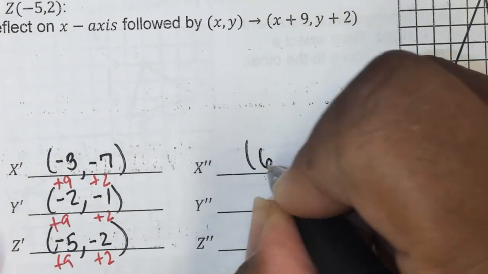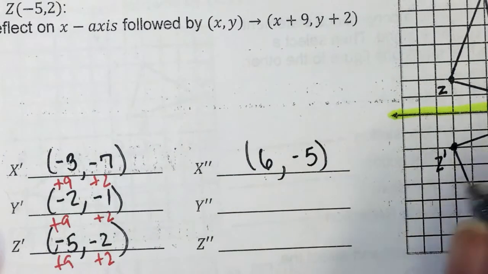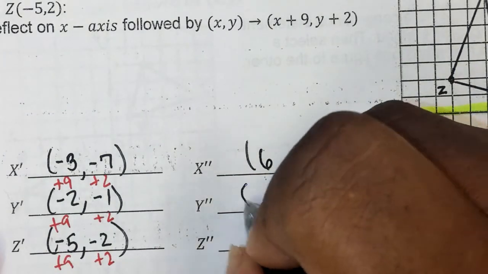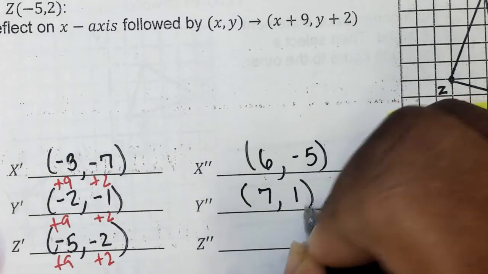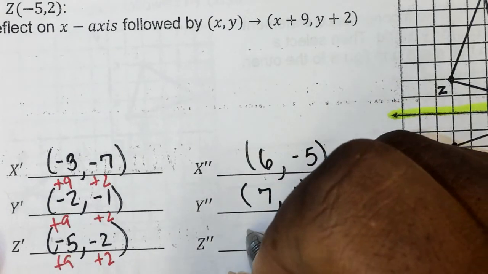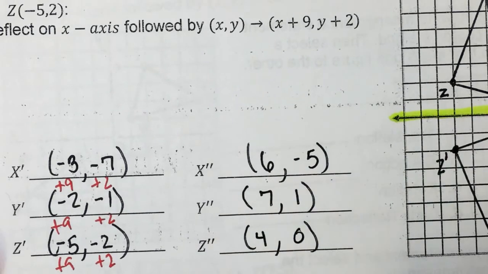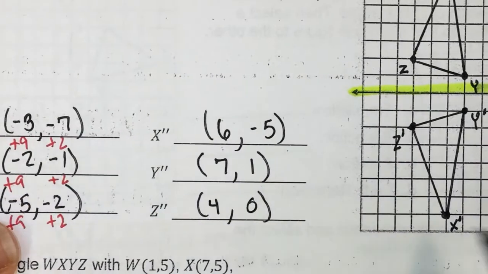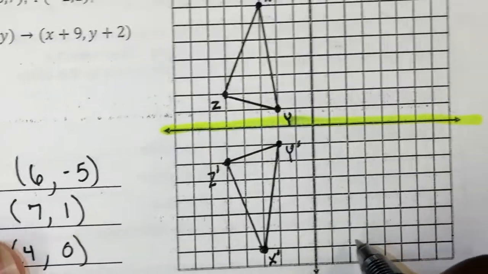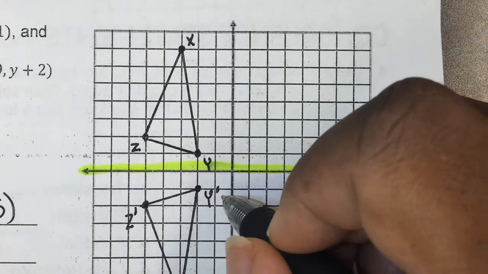It's going to give me (6, -5), (7, 1), and (4, 0). I think I'm right. Yeah, I am right. I'm going to just do the math instead of counting those points. You can count points if you want. I told you, I got options on translations. But I ain't doing that, because I know my math.